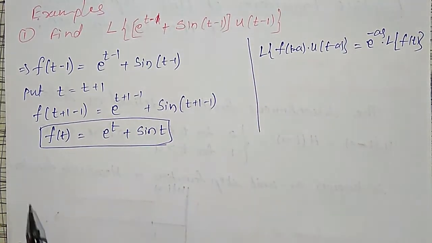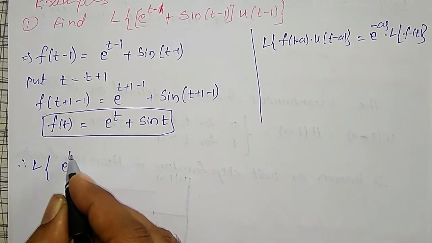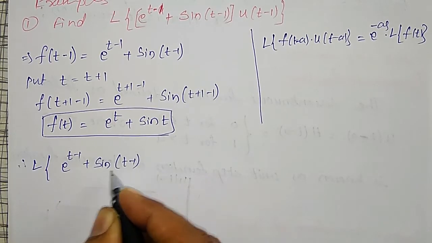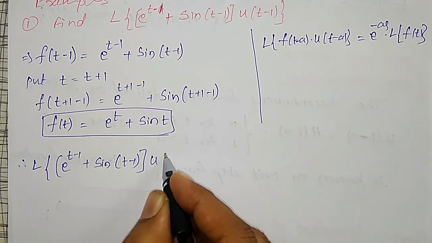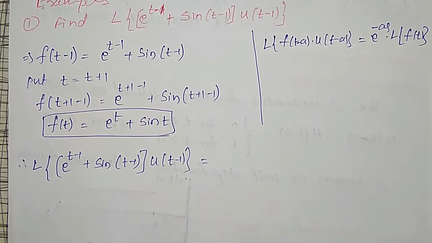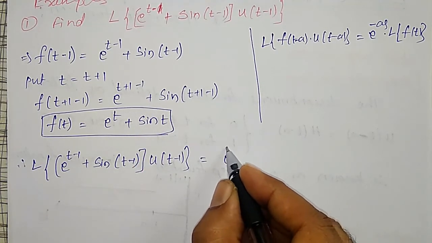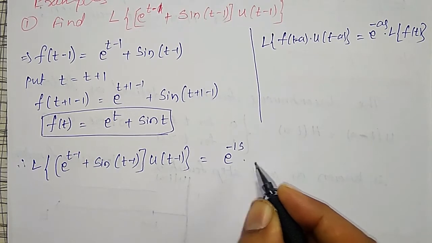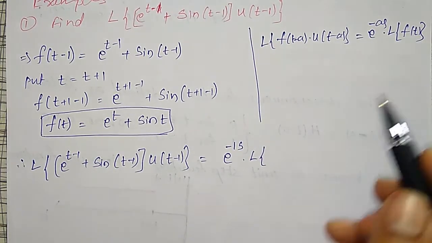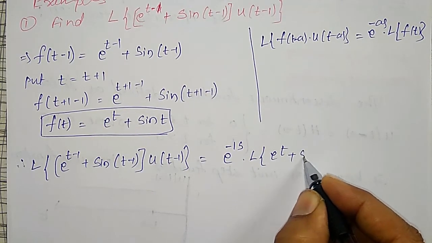Therefore, using the property, the Laplace transform of e to the power t minus 1 plus sine of t minus 1, into bracket u of t minus 1, I can write as e to the power minus 1 into s, the Laplace transform of f of t. My f of t is e to the power t plus sine t.